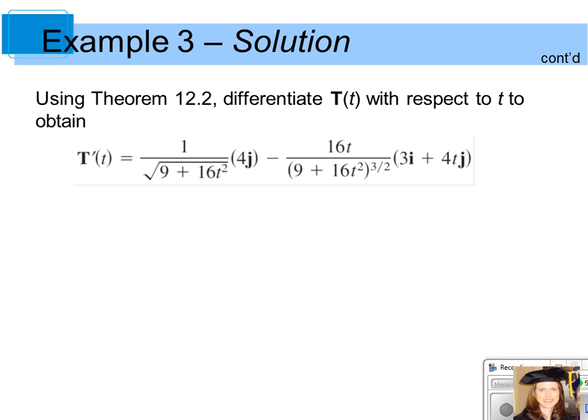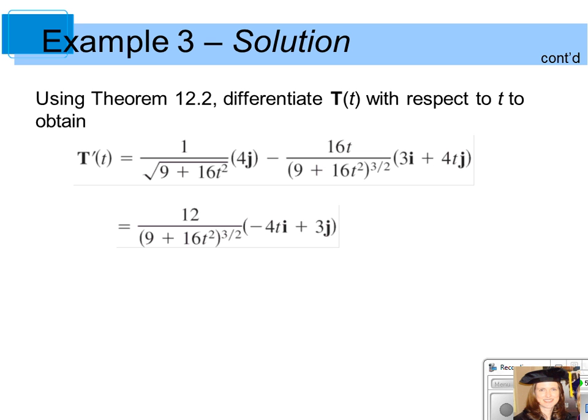Now to find the principal unit normal vector, that's the bold N of t vector, you want to find the derivative of your unit tangent vector and divide that by its magnitude. This does get to be quite tedious, so take the time to double check your work here. The unit tangent vector derivative is shown here, and it does simplify with a little bit of algebra.